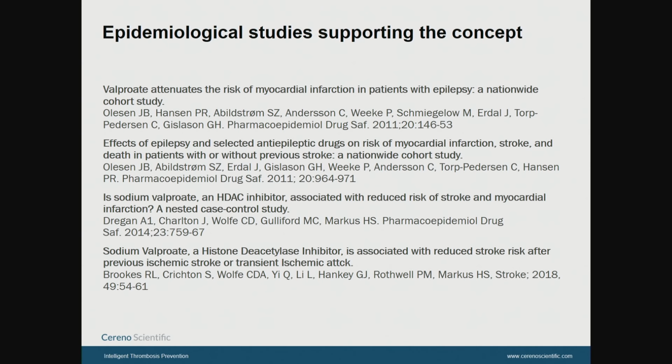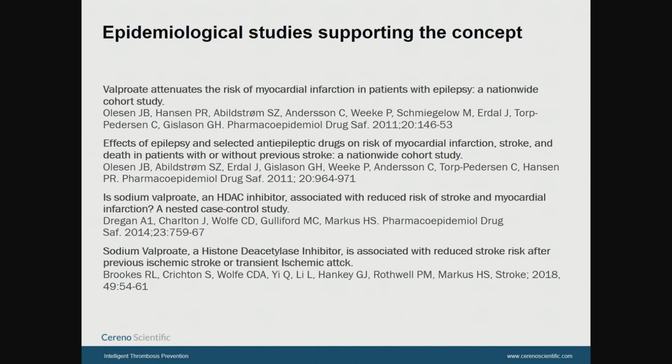So they have gone backwards and looked at, does it matter what kind of drug you are on for cardiovascular incidents, myocardial infarction and so on. And all of these studies have confirmed the indication that it matters. So if you are on this substance, VPA, which is in our drug, you have fewer infarcts and you have less stroke.